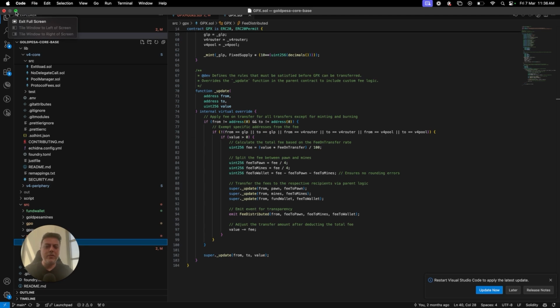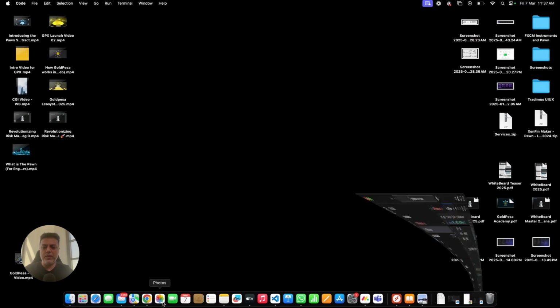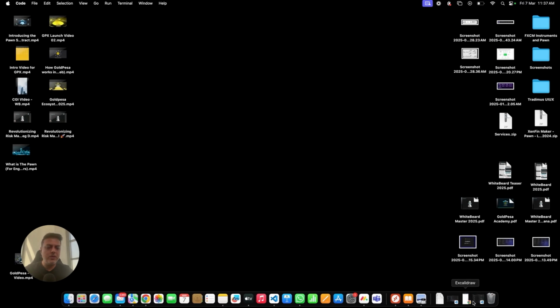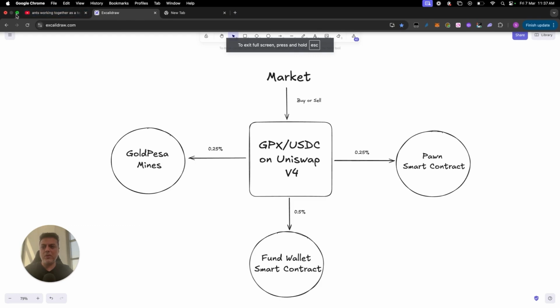What does this mean for everybody? It means that if you do enter the GoldPesa mine, you will earn 0.25% of the GoldPesa volume for life, forever, because we can never change it. And 0.5%, of course, will go into the fund wallet, and 0.25% goes into the Gold Pawn smart contract.